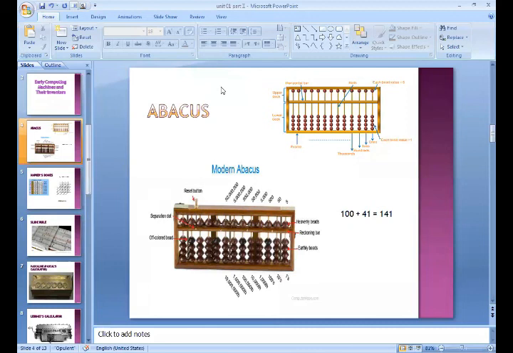Okay. The Pascal calculator is a calculator invented by Blaise Pascal in the early 17th century. The first operating model was called a numerical wheel calculator. It was introduced in 1642.